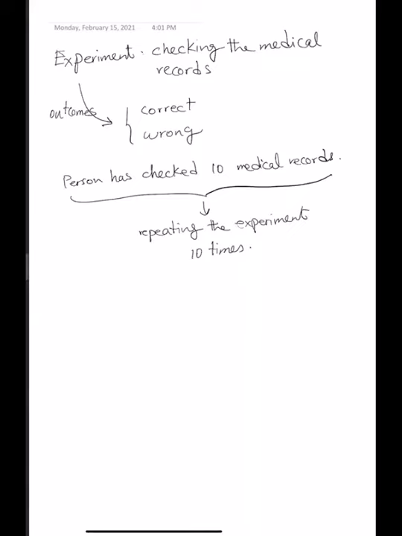Can you tell me if the results of these experiments affect each other? For example, if the first medical record is wrong, does it affect the chance that the second medical record is right or wrong? Or the third one?